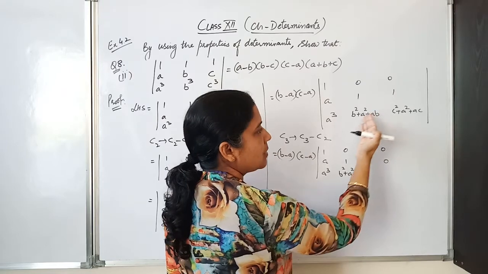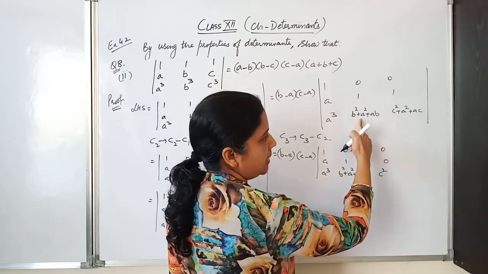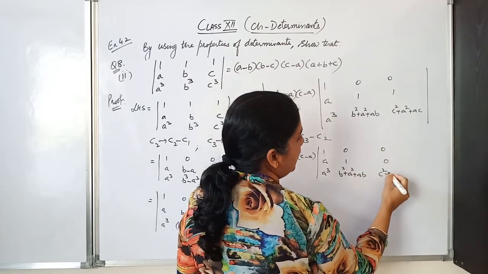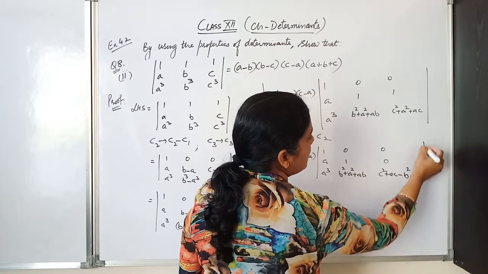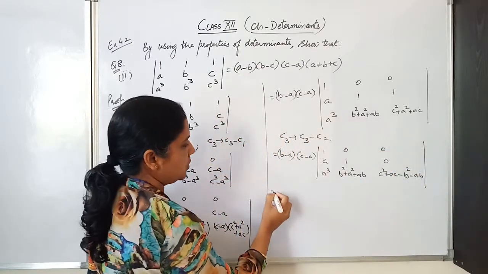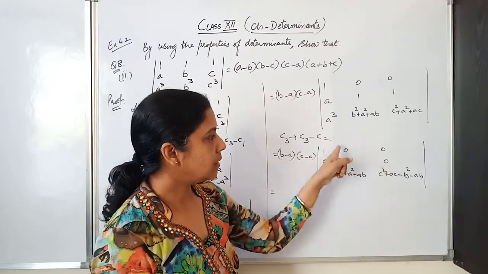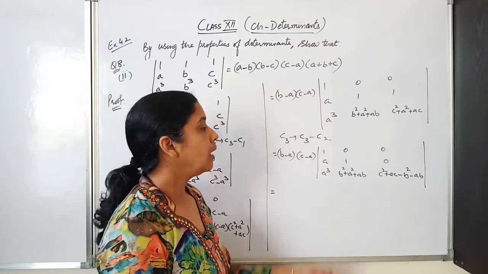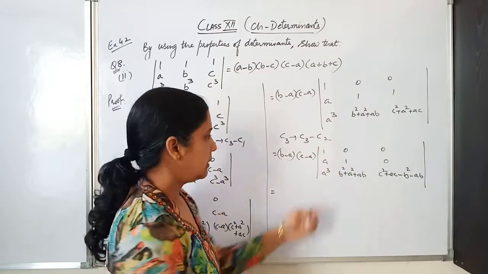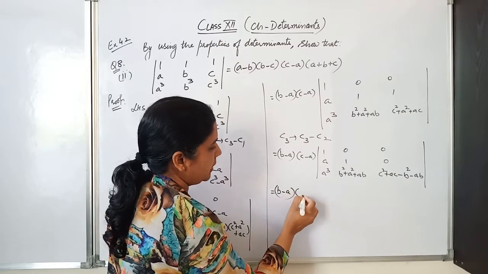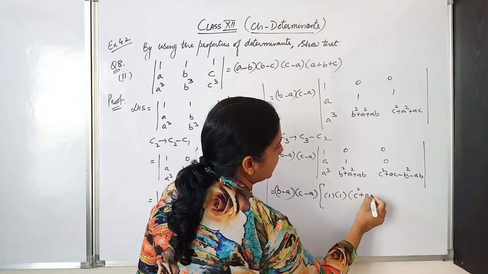And when you subtract these two terms, it is C square plus A square minus A square cancels down, plus AC minus B square minus AB. So again I have such a determinant whose upper triangle is 0. When I say upper triangle, that means all the elements above the diagonal are 0. And the expansion of such a determinant is really easy. It is simply the product of diagonal elements.